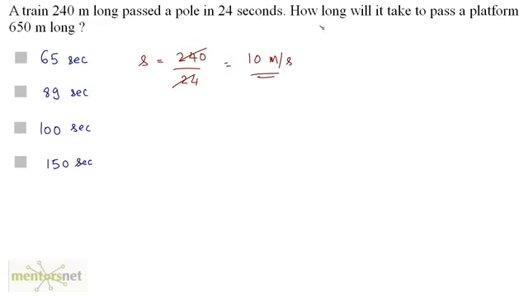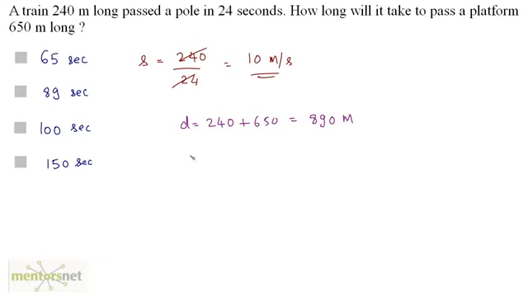Now we have to calculate the time at which this train, at the speed of 10 meters per second, crosses a platform 650 meters long. The distance to pass this platform will be the train's length plus the length of the platform. So 240 plus 650, and that is equal to 890 meters.